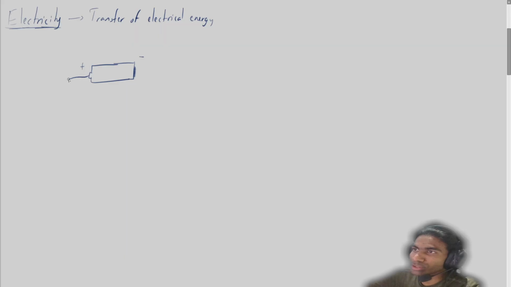So I could hook this up with some wires, like some copper wires. Now remember from chemistry, these copper wires are metals, and the reason they can transfer electrical energy through them is because of the metallic bonding in them. So you've got this wire here, the current pops out of the positive end, and then it flows into this bulb over here.